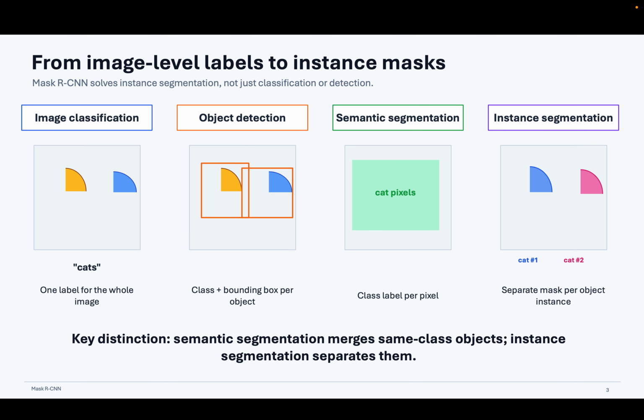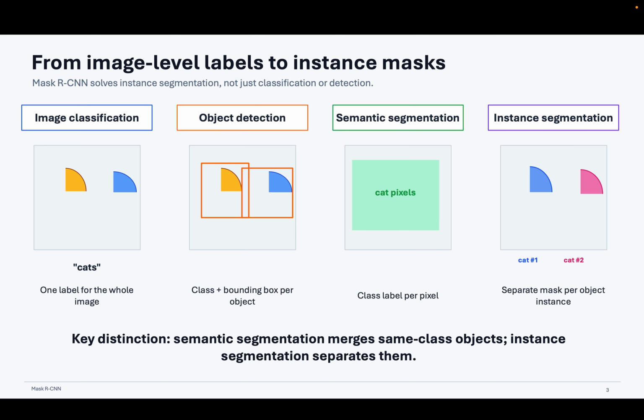Here is the problem hierarchy. Imagine classification answers one question: what is in the image? Object detection adds location, usually by predicting bounding boxes and class labels. Semantic segmentation is pixel level, so it assigns a class label to every pixel.